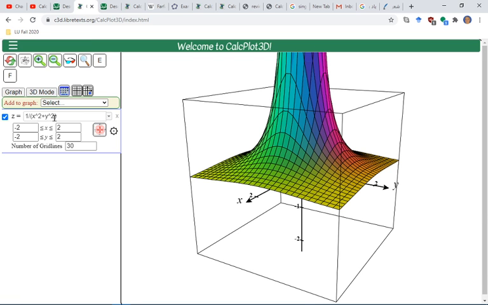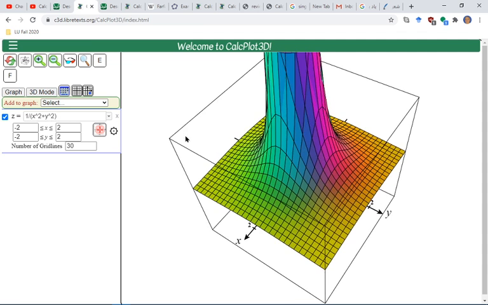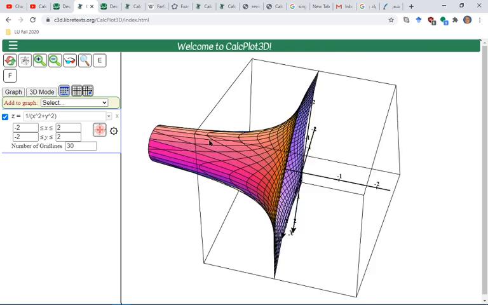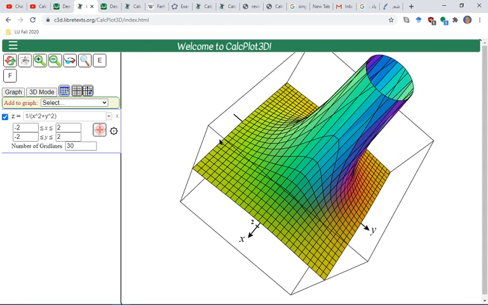When x and y both are 0, the denominator becomes 0, and we are doing division by 0. So how does it look? Kind of like this chimney, or funnel, or whatever you want to think of it. The rupture happening in this function, as we approach the origin, is that the value of the function shoots up to infinity, just like all the other examples we had seen before.